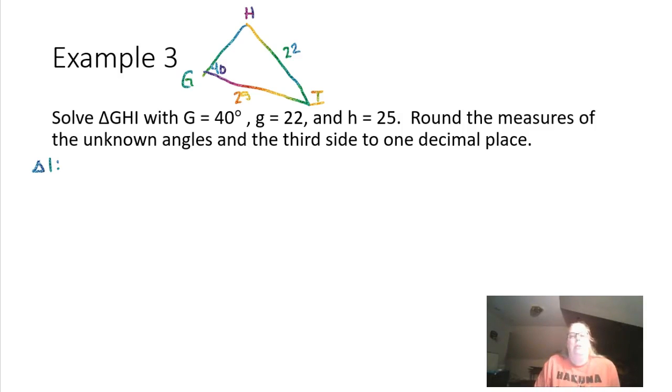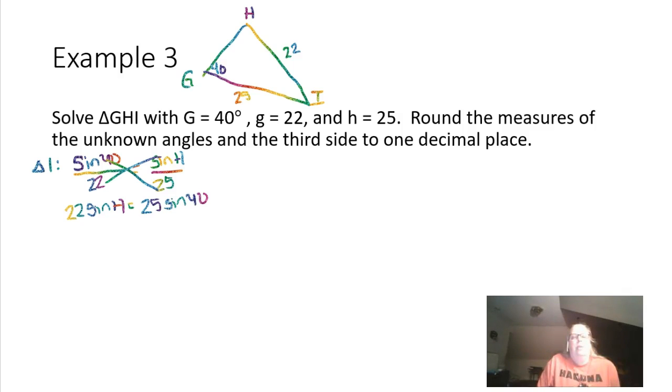We'll have to find angle H first. That means we're going to use the sine of 40 is to 22, just as the sine of angle H is to 25. Let's cross multiply. 22 times the sine of angle H is equal to 25 times the sine of 40. We'll need to divide that 22 away on both sides.